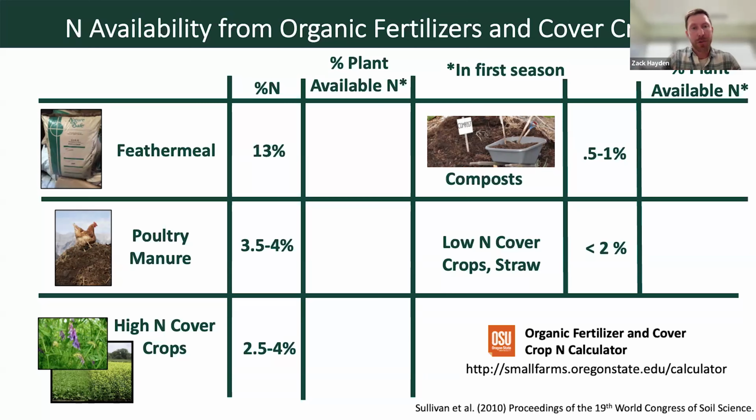So a lot of this percent availability here is based on that balance between carbon and nitrogen in your materials. And generally, you can predict it pretty well just from what the percentage of nitrogen is in the materials you're using. All right, so let's start with our highest nitrogen materials. So let's say something like feather meal or blood meal or a lot of these combined products. So these are organic materials. Let's say it's about 13% N for feather meal.